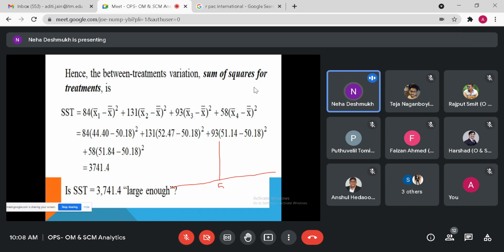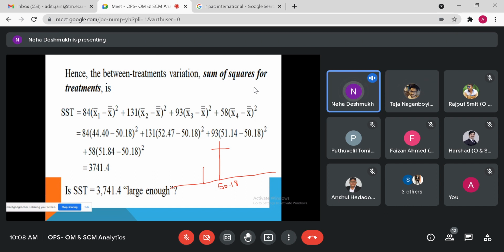This is 50.18, and here somewhere, which one? 44.40. This one, x1, somewhere here, or somewhere on this axis you can consider. I thought it is a left side or right side.